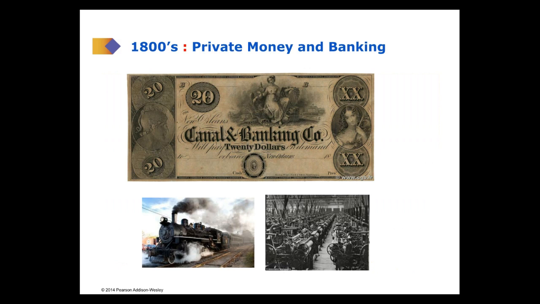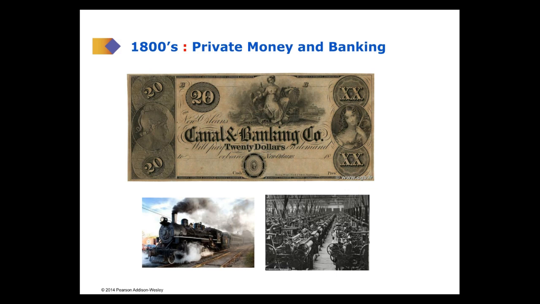So if we take a step back again, we can see that we've evolved in the 1800s from an economy that was largely dominated by private money and private banking, where private banks would accept deposits of gold, silver, things like that, and then they would issue paper representative money, paper commodity money in lieu of those.